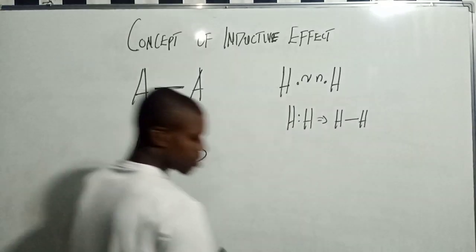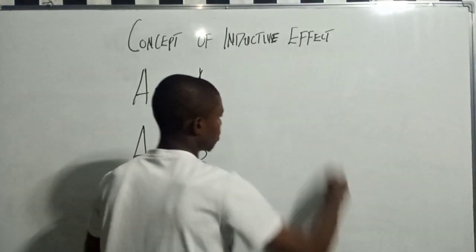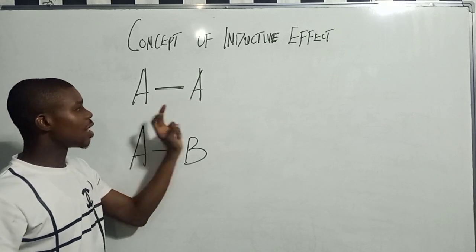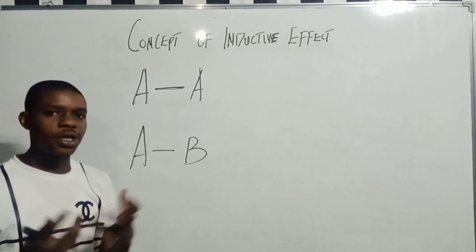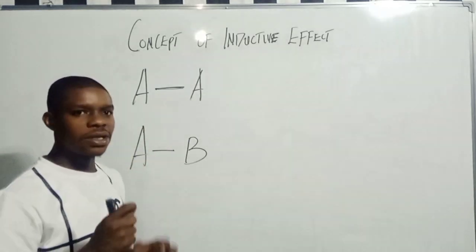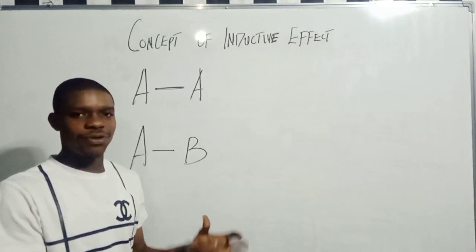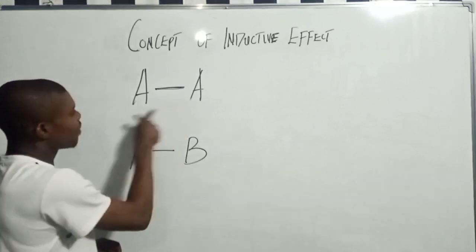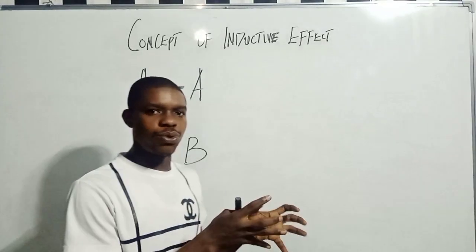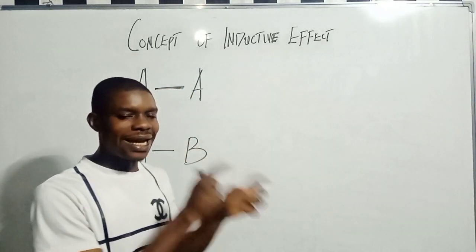So let me write some out. If, for example, here we have this compound that contains A and A. I'm going to use A and A to illustrate that these two have the same electronegative power. Now, because these two have the same electronegative power, they have an equal pull of the bonding electrons.